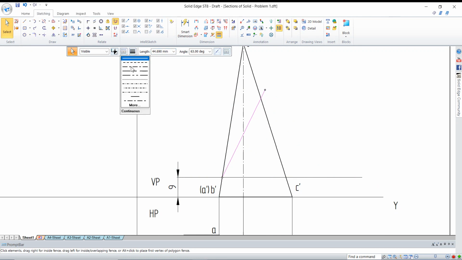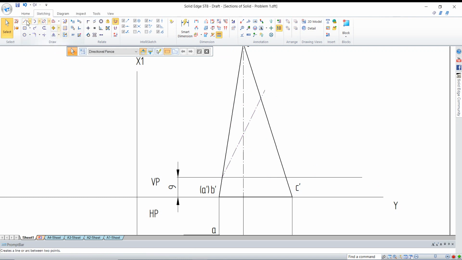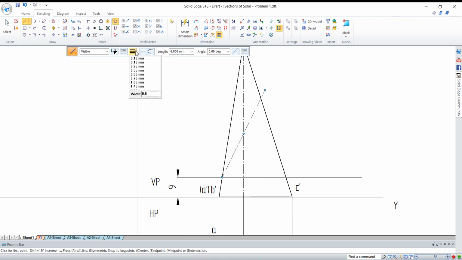This line is 0.15, and it should be the cut line. Okay, fine. The end of the line should be a little bit thick, so I'll draw a thick line at the end. This is how we are going to represent a section line.